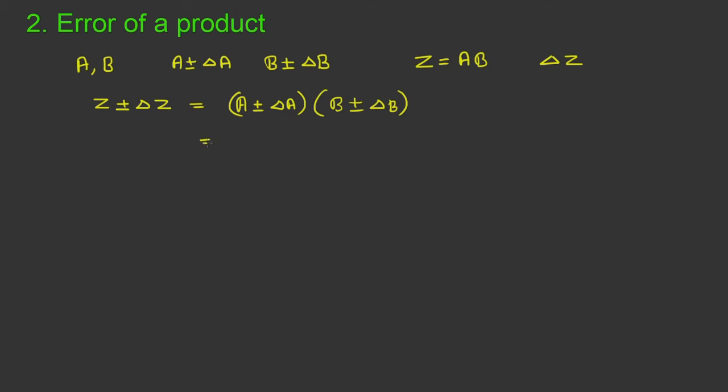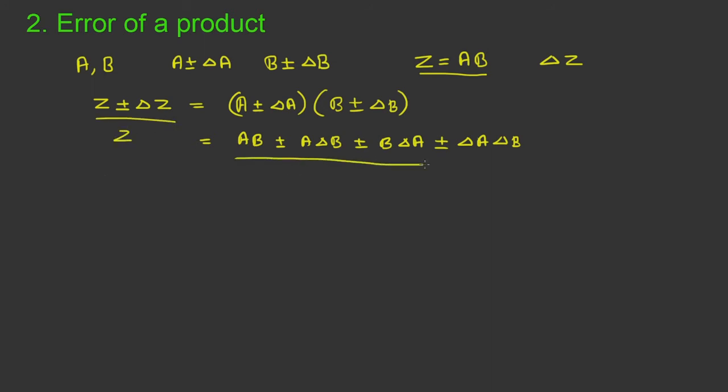Multiplying this, I can write it as AB plus or minus A delta B plus or minus B delta A plus or minus delta A delta B. We know Z is equal to AB, therefore I am going to divide the LHS with Z and the RHS with AB.